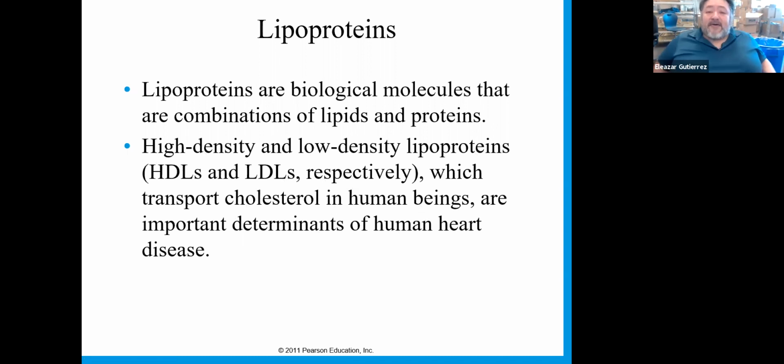The truth of the matter is, ladies and gentlemen, is that the liver dictates the production of these, okay?